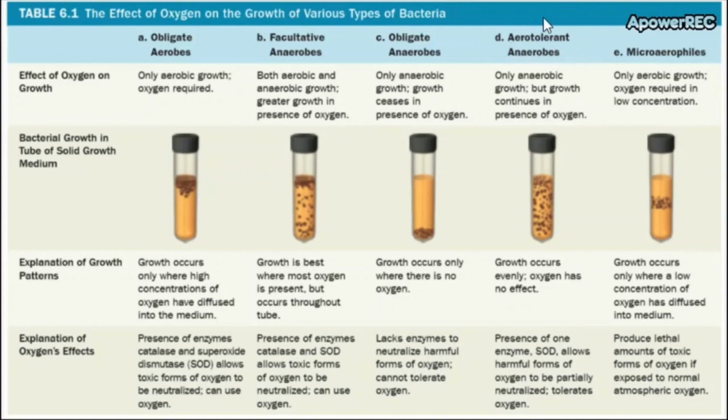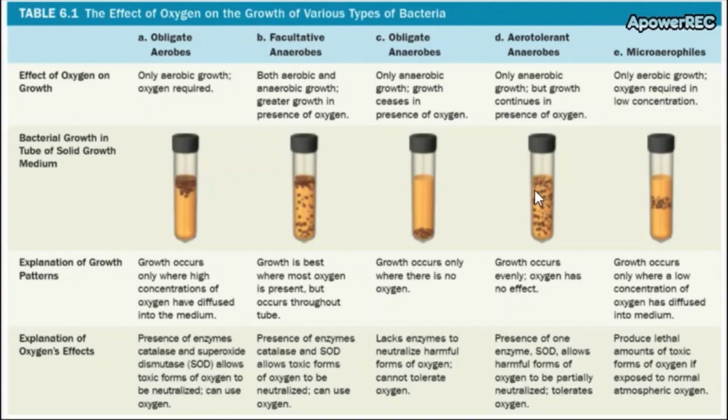Fourth on the list are the aerotolerant anaerobes. These ones don't use oxygen. They don't have the special metabolism that allows them to use oxygen as an efficient form of metabolism, like our obligate aerobes and our facultative anaerobes. So you don't see that special clumping of cells at the top. Instead, they kind of look like facultative anaerobes, but they have no bias for an oxygen-rich environment.